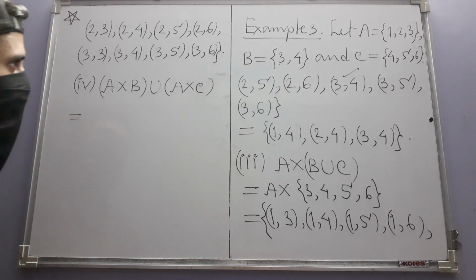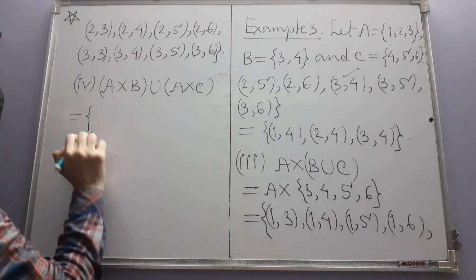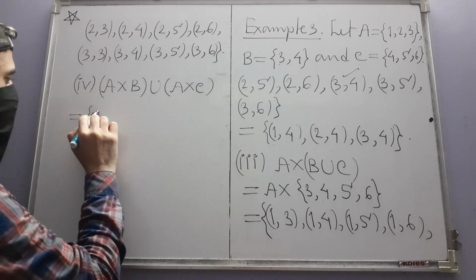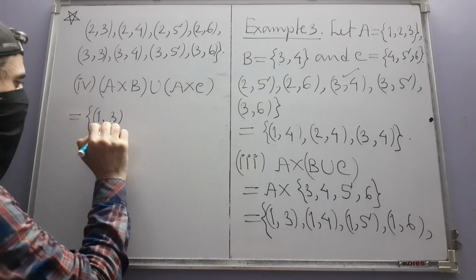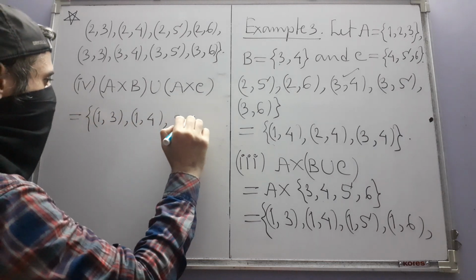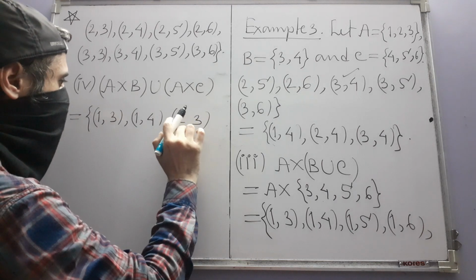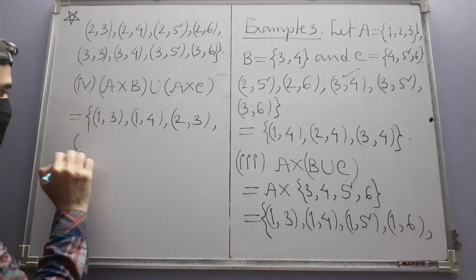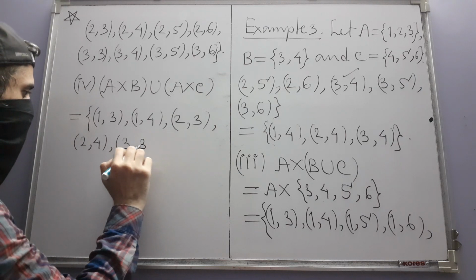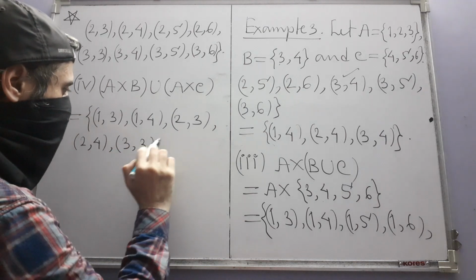But anyway, we have to. So A times B, 1 3, 1 4, 2 3, 2 4, 3 3, 3 4.